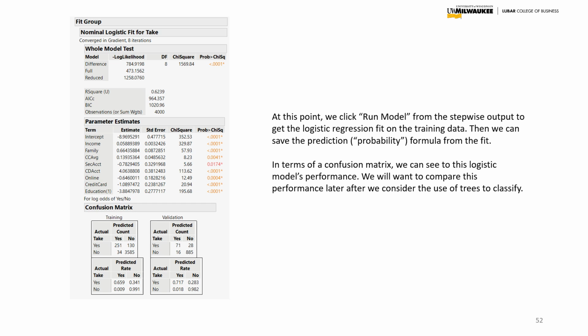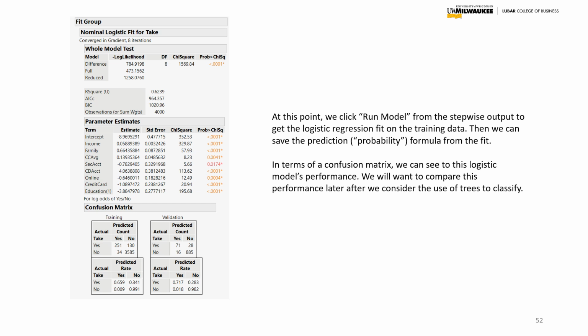From the previous slide of the stepwise output, I'm going to click the button Run Model, which is going to give us a fit of the logistic regression model based on the training data. The reason I want to do that is I want to then fit other types of methods to the training data and compare them on their performance on the validation data.